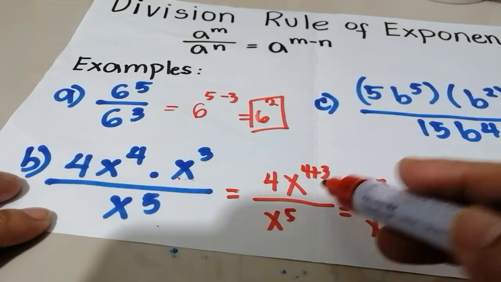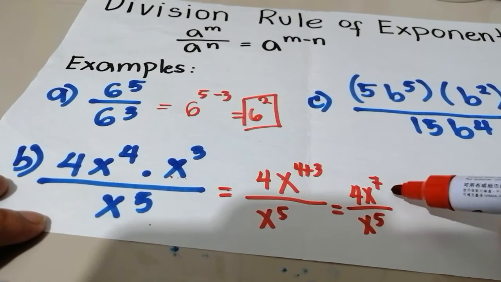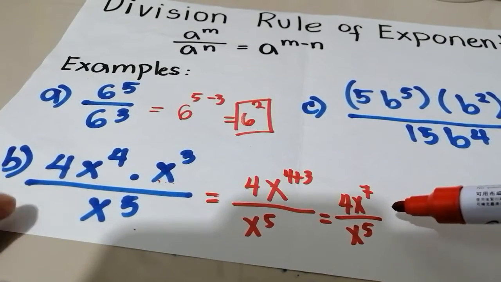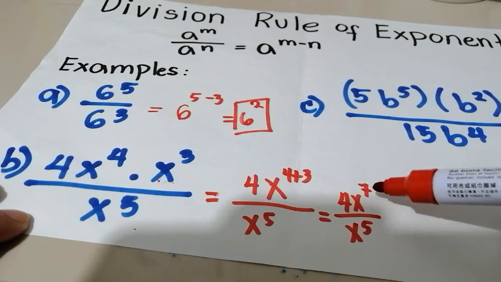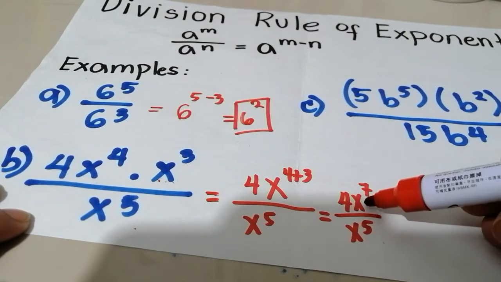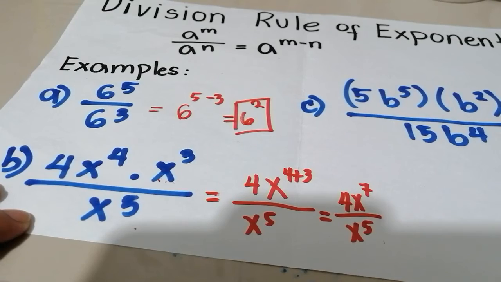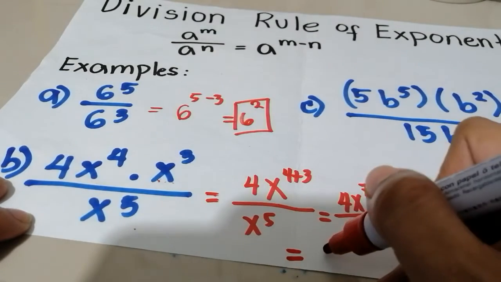Okay? So, now that we already simplified, the next thing na gagawin natin is we are going to apply the division rule or the quotient rule. So, next is, since x at saka x, we are dividing. So, ang gagawin natin, we are going to subtract. Okay, so the final answer here will be 4.